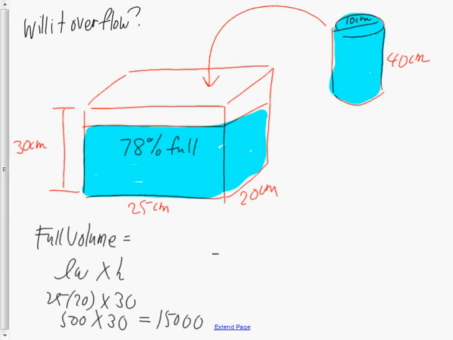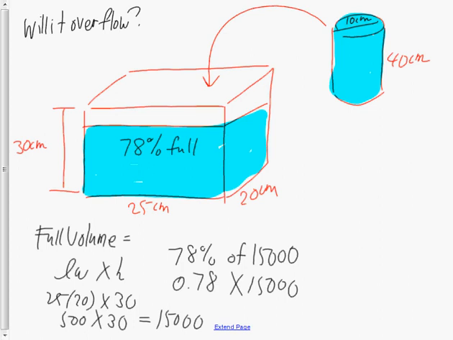So really we have 78% of the 15,000 milliliter capacity is what's in there. 78% as a decimal is 78 hundredths multiplied by 15,000.